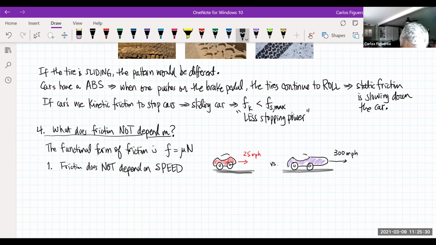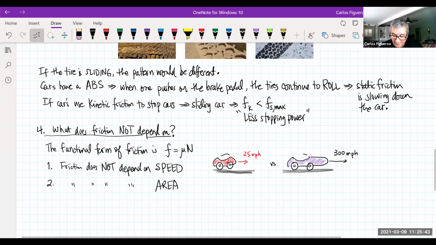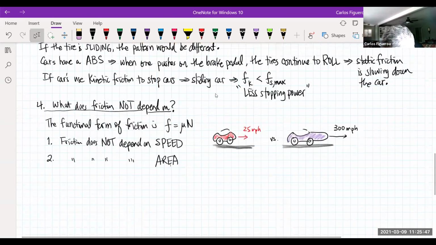And another thing that they tell us here is two, friction does not depend on area. I mean, this is kind of a crazy thing too.